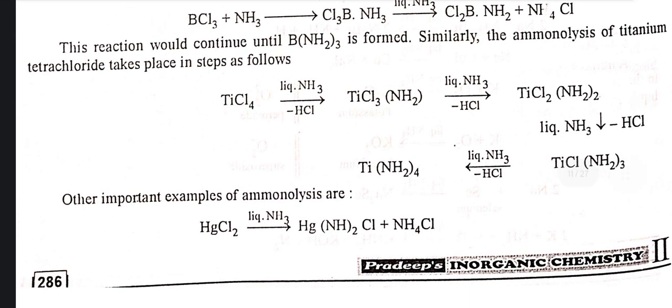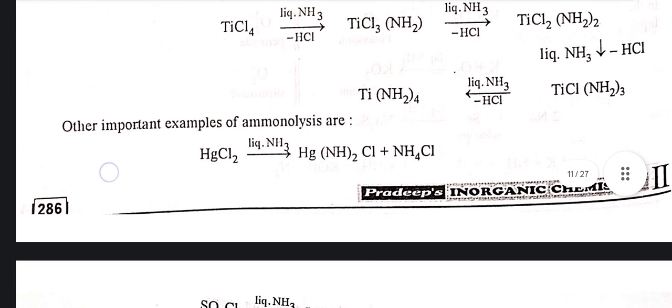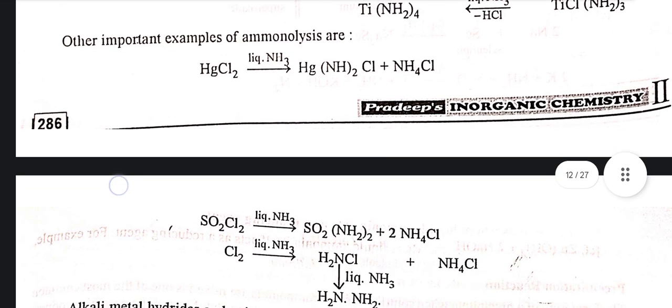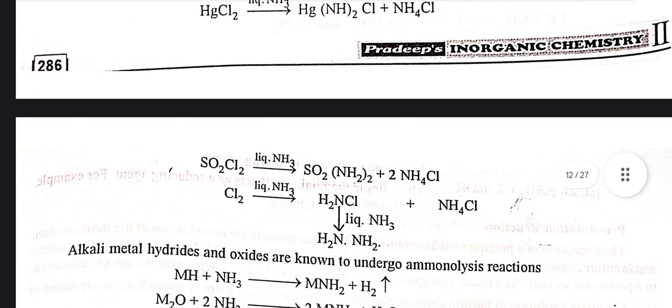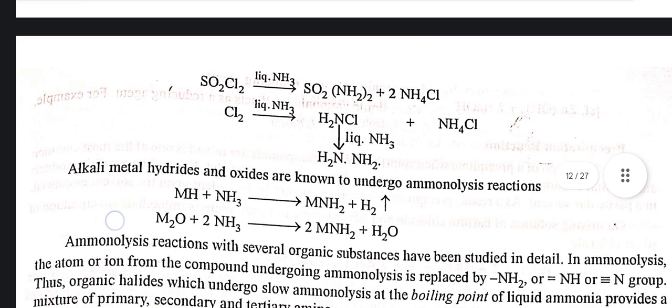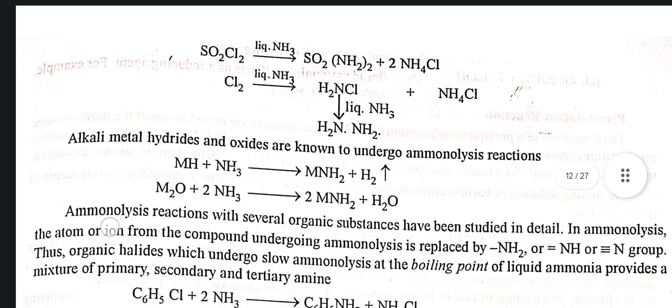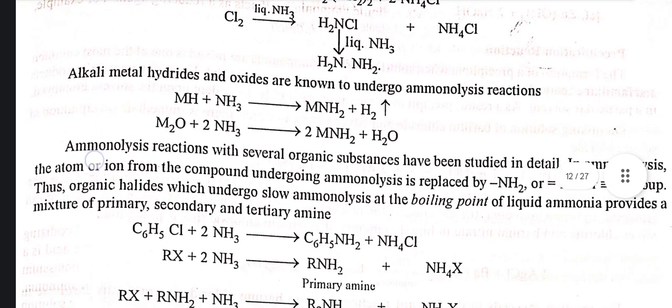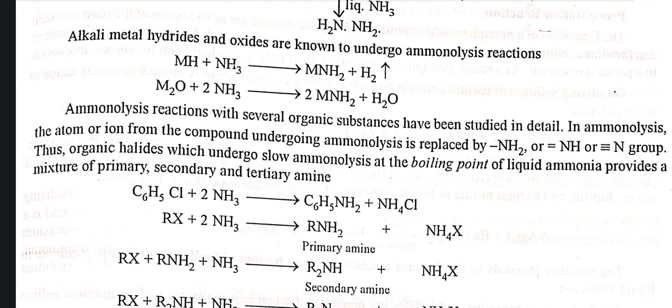Other important examples of ammonolysis are alkali metal hydrides and oxides, which are known to undergo ammonolysis reactions. Ammonolysis reactions with several organic substances have been studied in detail.